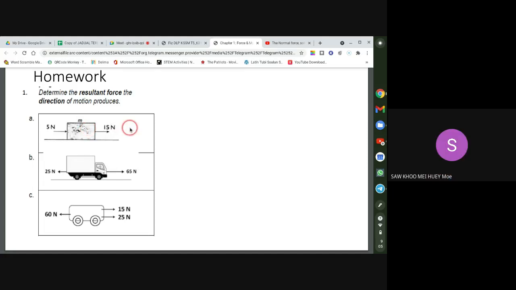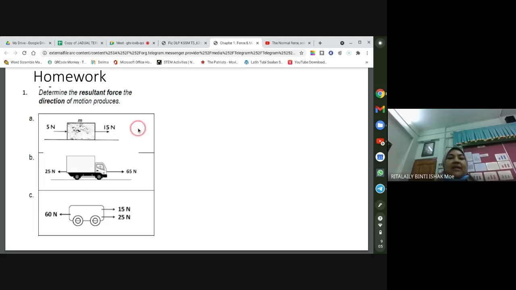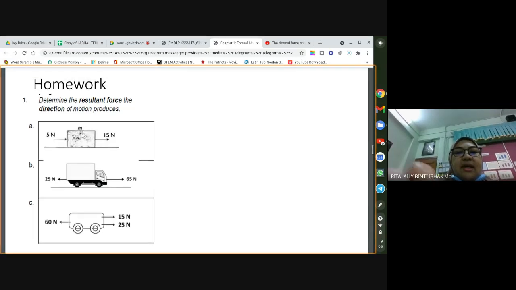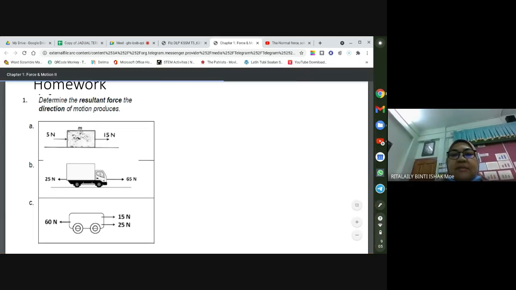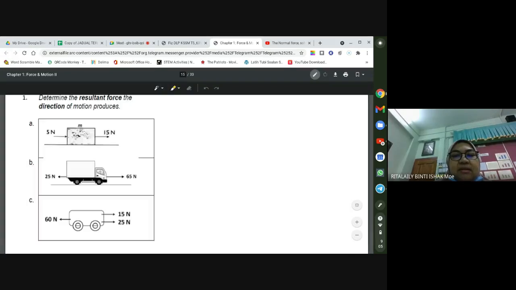Because it's same direction. Okay, so because the forces exerted onto an object are in same direction. Okay, so if we write the calculation here, resultant R equals the first force plus the second force.